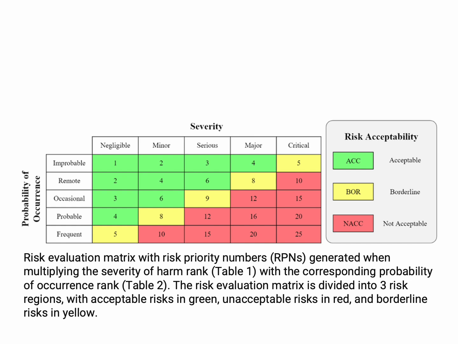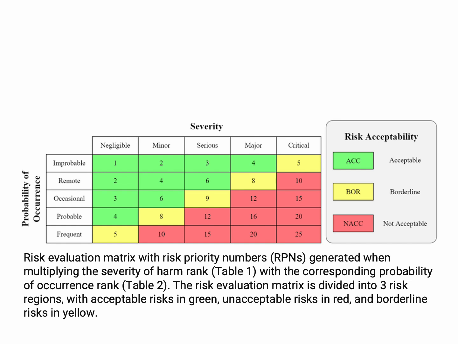And what we do is that we are going to look into, again, establishing this table and write down if this is probability of occurrence improbable, remote, occasional, probable, or frequent. And we are going to look into the severity, if it's negligible, minor, serious, major, etc.